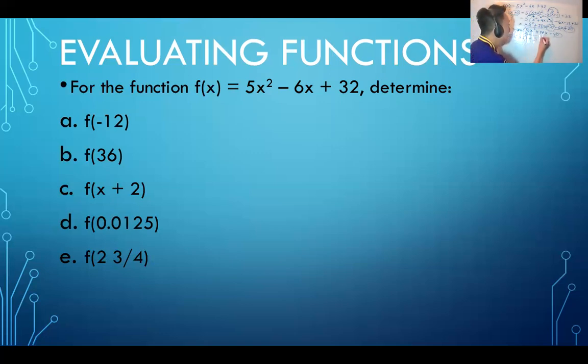So 0.0125 squared minus 6 times 0.0125 plus 32. Ano ba, hindi nakasya yung number natin sa whiteboard. So, iusog ko siya dito, ha? Okay, so equals. Again, we will do this one first.